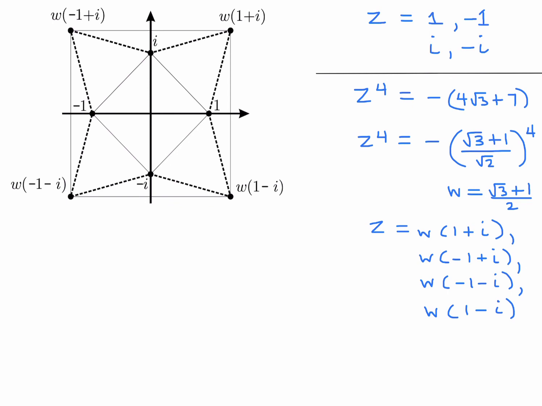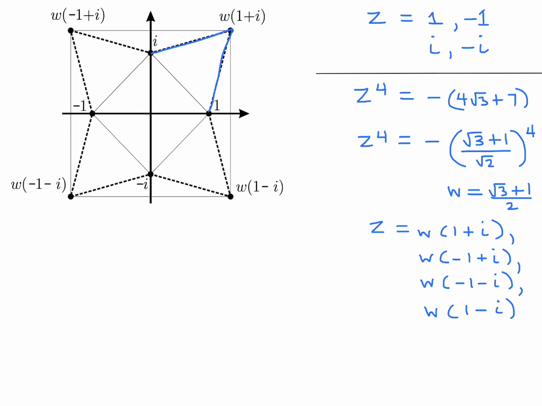We've got some w, which we have a value for, but it's easier to just put it as w. 1 plus i, then of course 1 minus i, negative 1 minus i, and negative 1 plus i. So this is the polygon. As you can see, the dotted line creates this shape, and they're asking about the perimeter.